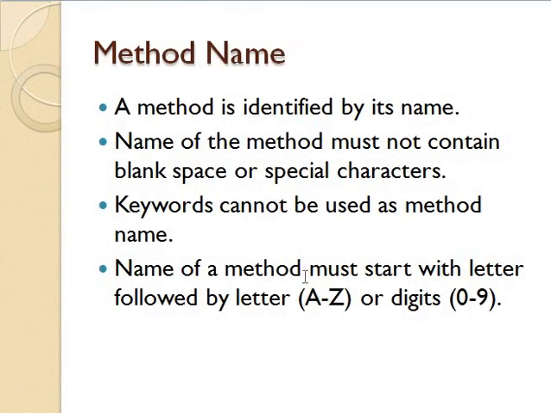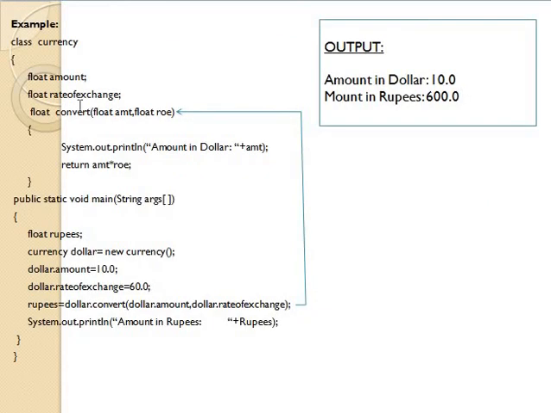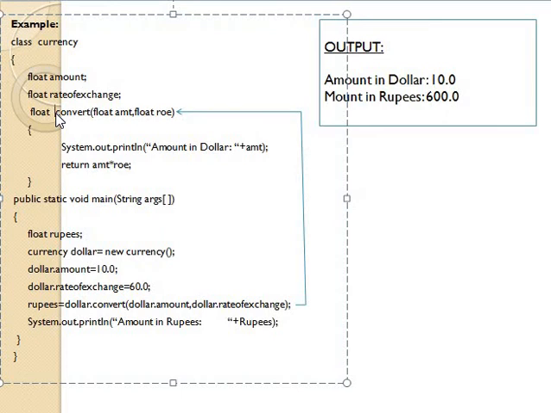Name of a method must start with a letter. If you see the method here identified by the name convert, it starts with the letter C. So this is acceptable in Java.